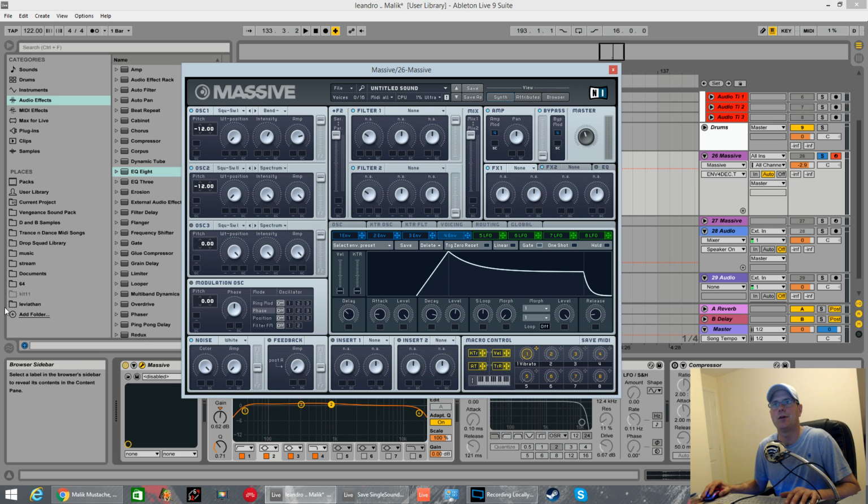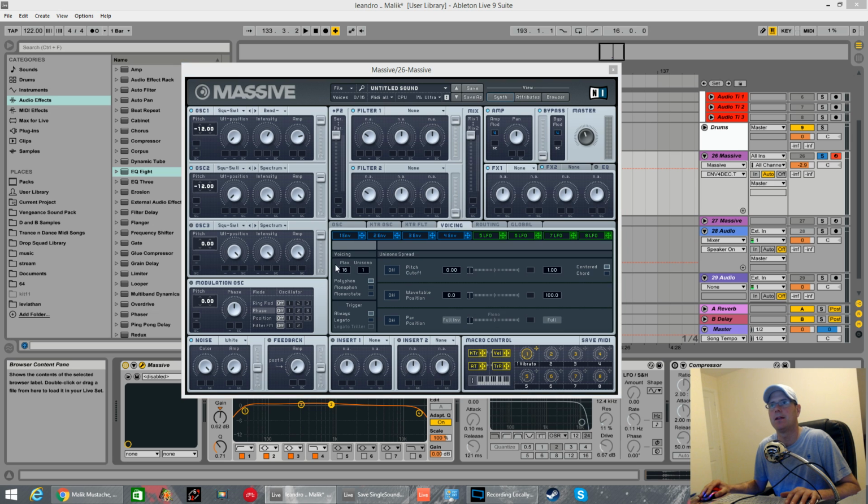What are we going to do now? We'll go to the voicing section. I gave it 7 voices of unison. Although it's a bass patch, it was very wide. You could tell it was taking up a lot of the spectrum. We're going to push it up just a couple of notches to make it a lot wider.